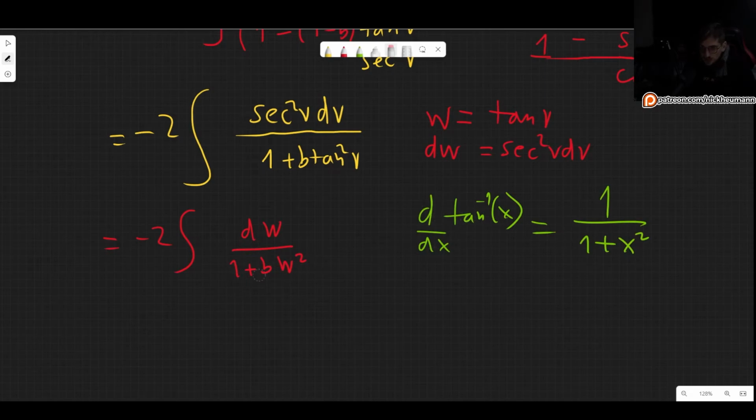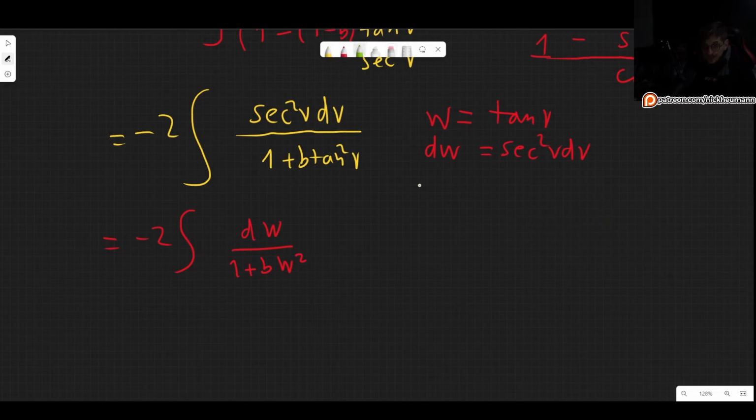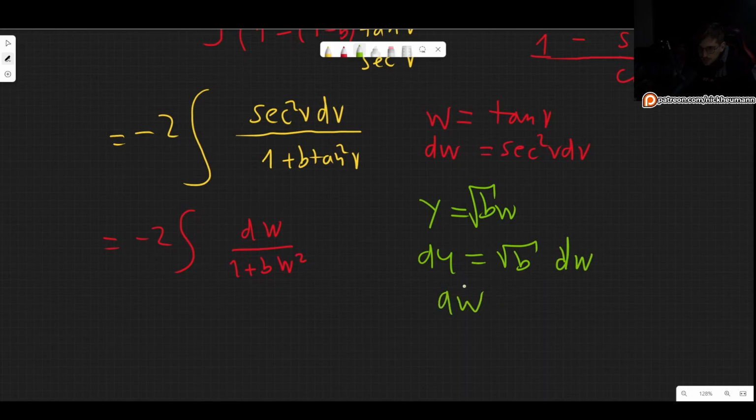Because that is almost what we have. So all we have to do is use a substitution. Again, something like y is equal to the square root of b times w. So in this case, dy would be the square root of b times dw, and thus dw is dy divided by the square root of b.